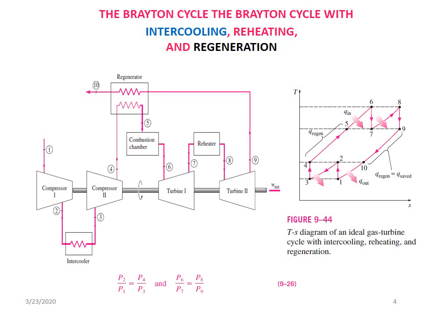But in the case of an actual gas turbine cycle, there are irreversibilities within the compressor, the turbine and the regenerator, as well as pressure drops in the heat exchangers. So all these parameters should be considered, as the back work ratio of a gas turbine cycle improves as a result of intercooling and reheating.